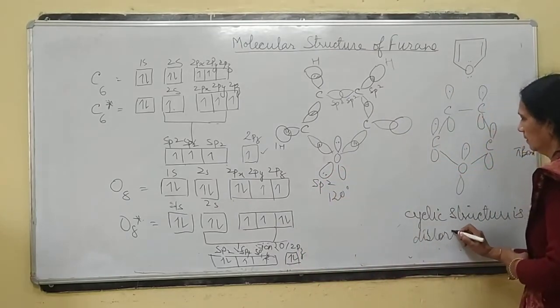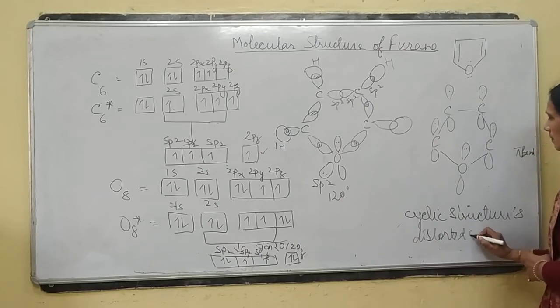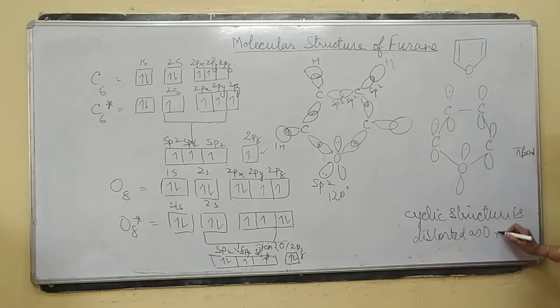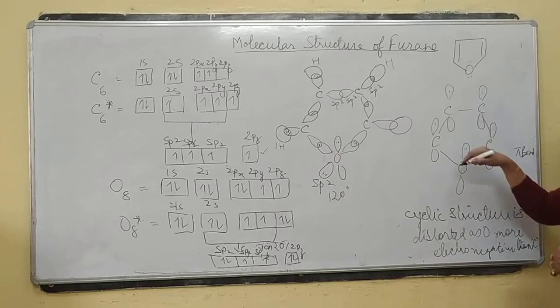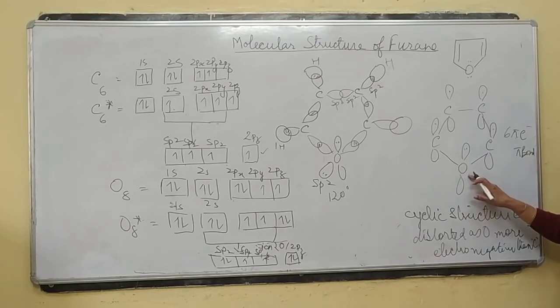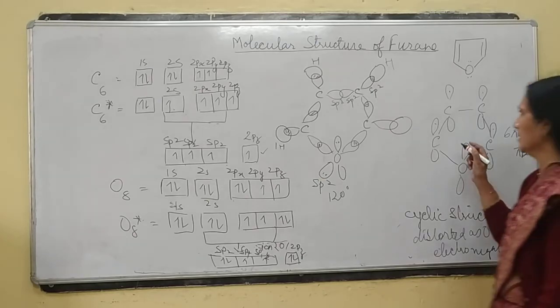as oxygen is more electronegative than carbon. So these 6 pi electrons are attracted towards oxygen and distortion takes place.